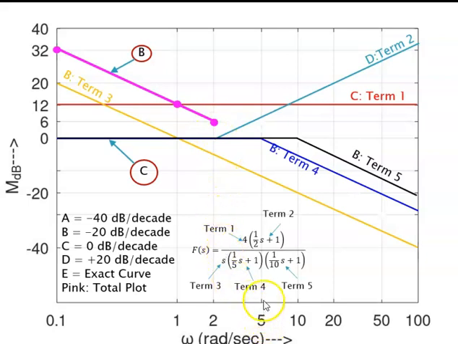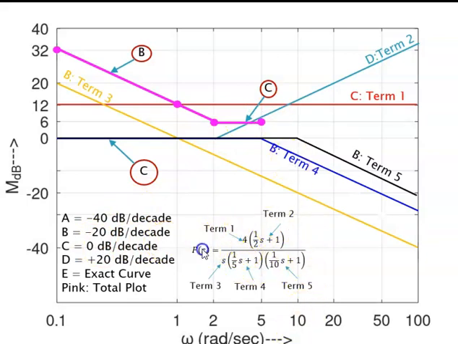Similarly, you do it at 5 radians per second. There is a negative value. What is the value here? You read from the graph, and this is 12. If you sum them up, you will see that it forms a horizontal line here. The C indicates 0 decibels per decade.